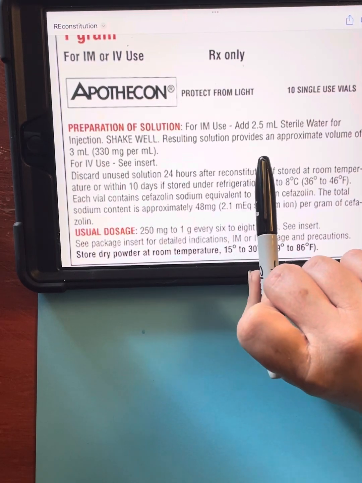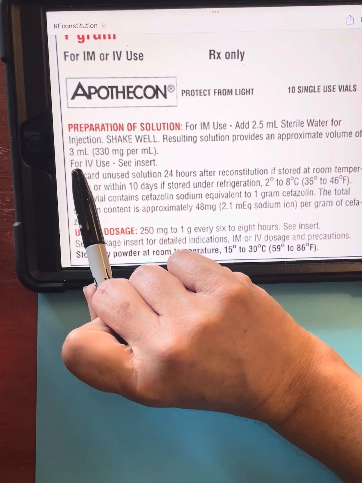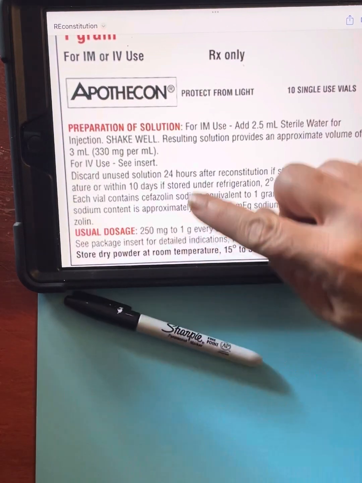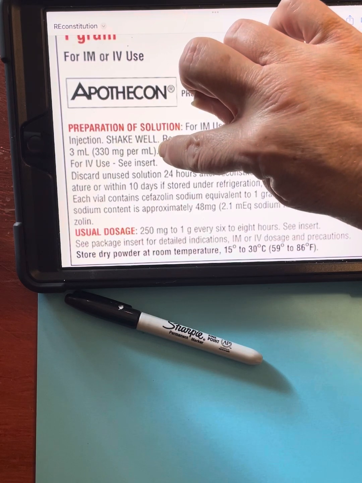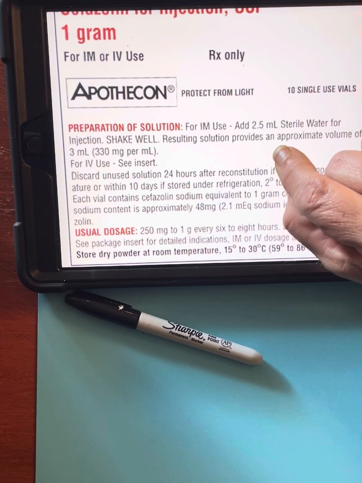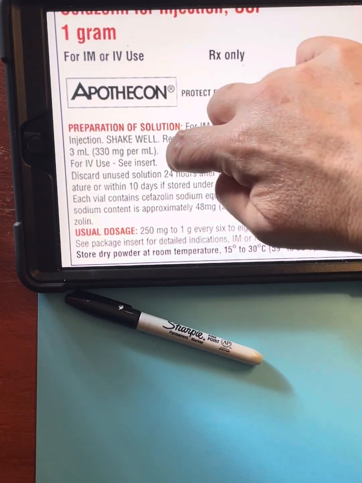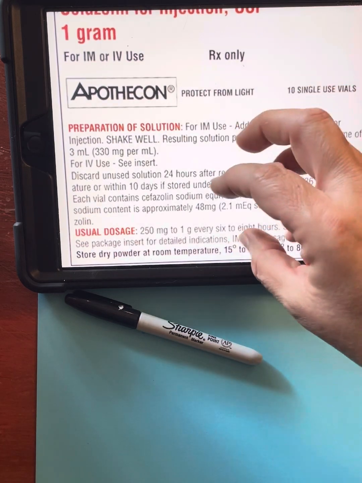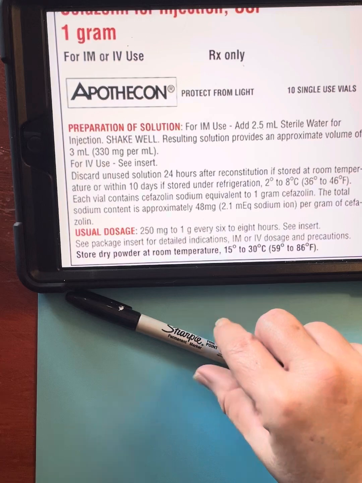The resulting solution provides an approximate volume of 3 milliliters. And then you see that right there, 330 milligrams per milliliter. You're looking for the per when you're figuring out reconstitution and what the strength is that you're gonna need to do the calculation with, okay?